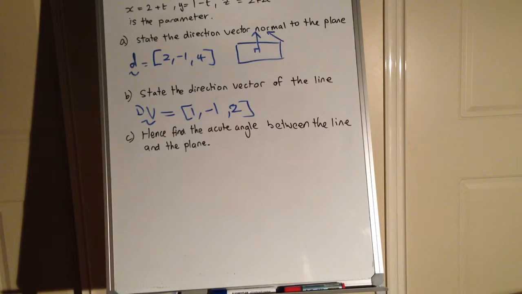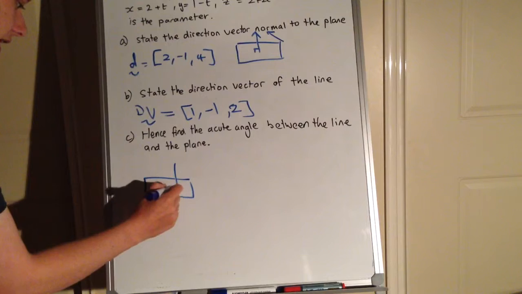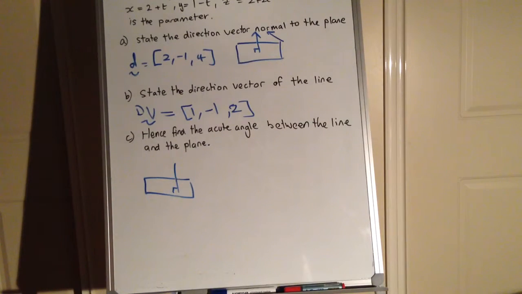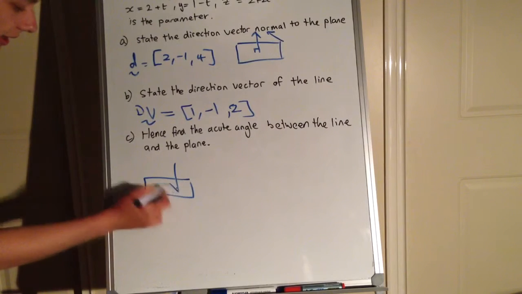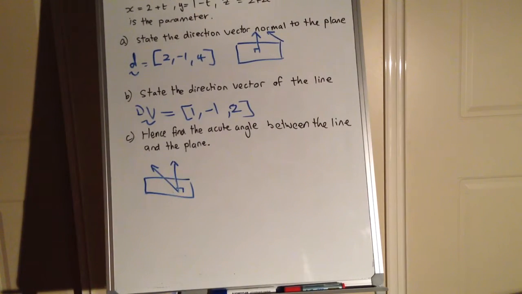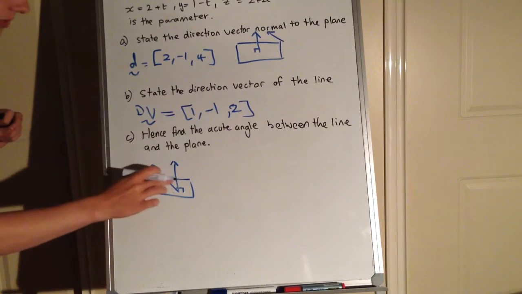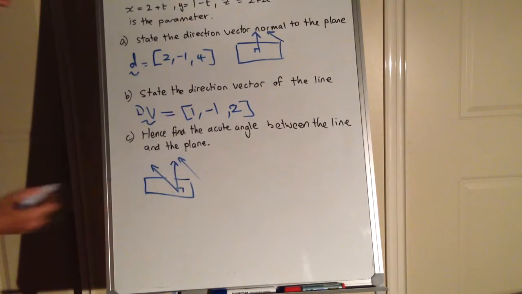And it's quite straightforward. We have a plane and we have a normal to that plane. We also have a line. So there's our normal to the plane. I've just drawn the little square on the other side. And then we've got our direction vector, which essentially shares the same direction as our other equation of a line in space.